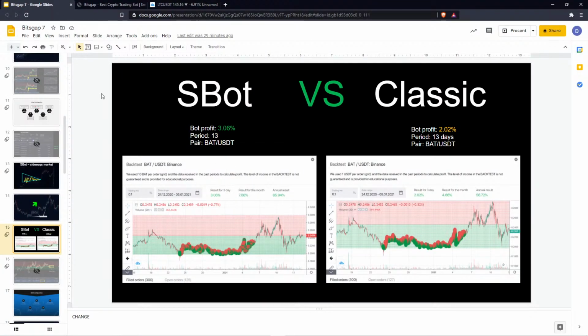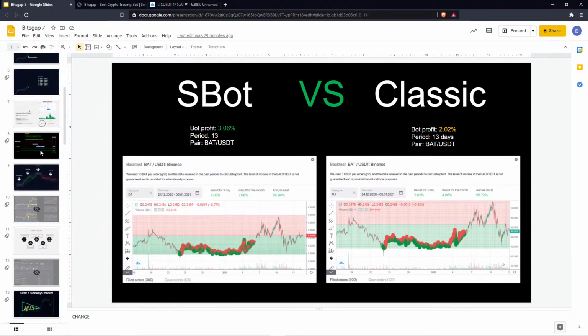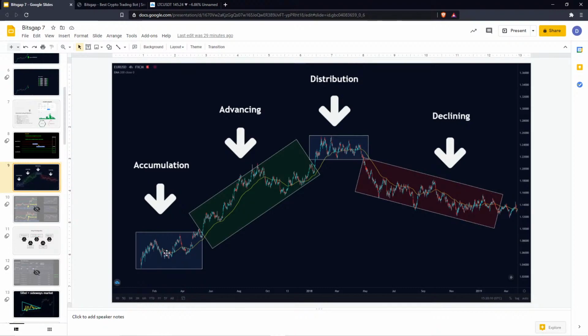So once again, for the SBot, what we are looking for is the period of accumulation, when the price swings within this trading range of the horizontal support and horizontal resistance lines. This is the perfect market phase for the SBot, because it just spends the same investment. So even if the price is having its short-term fall, in this case your risk exposure remains moderate, the same.